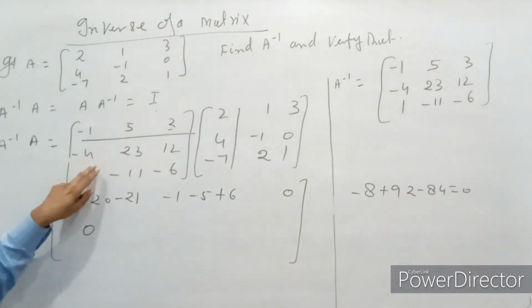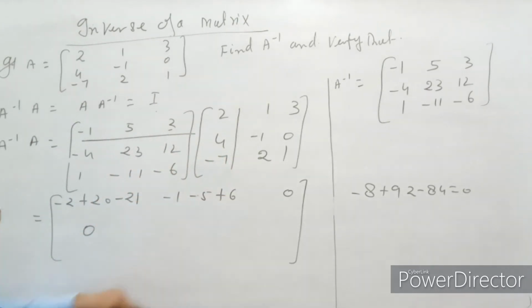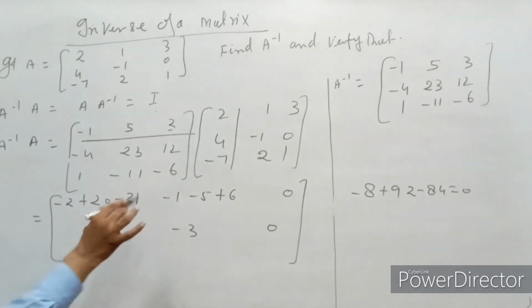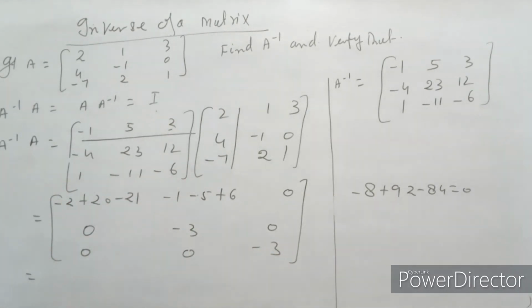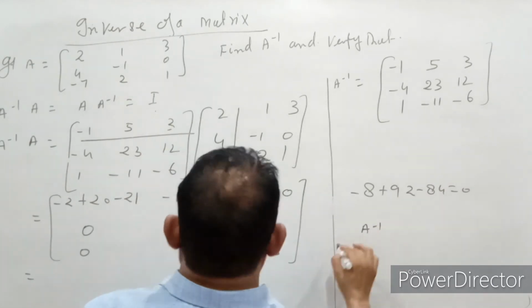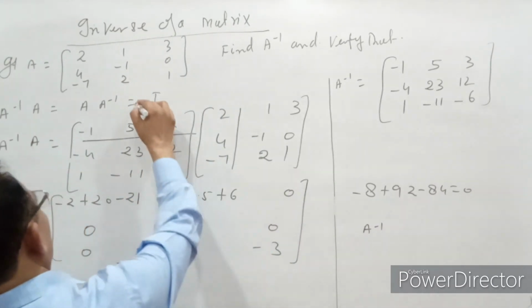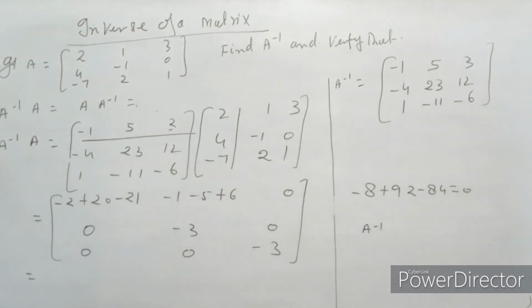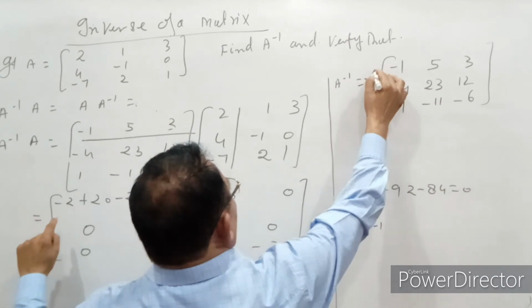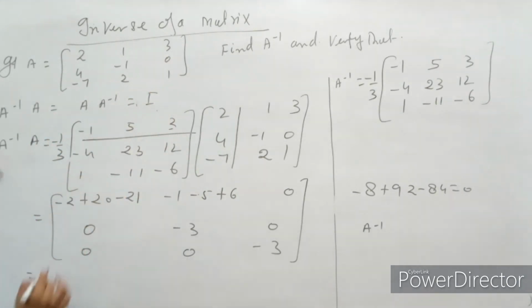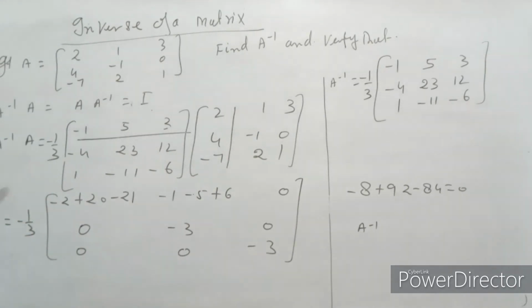और अगर हम इसको देखें तो -4 -23 +24, तो this is equal to 3 आ गया आपका ये, -3 and 0 and also we get -3, और this is equal to, that is अगर हम लोग देखें तो A inverse into A. यहाँ पर A inverse into A is equal to that of A, that is A inverse, and A inverse is equal to adjoint times 1/3, that is A inverse is equal to minus 1 by 3.